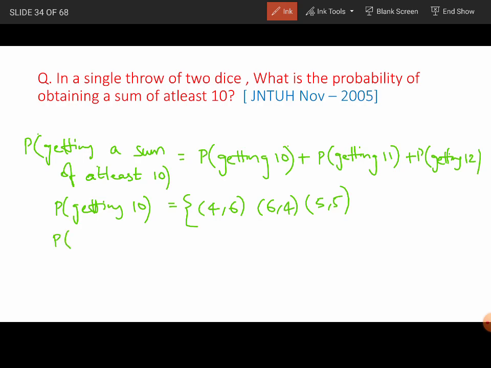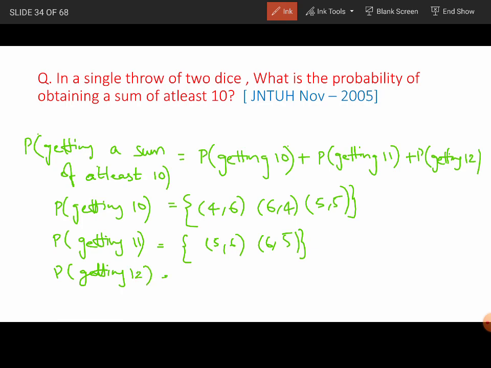And the probability of getting 11 is 5, 6, 6, 5. And the probability of getting 12 is only 1, 6, 6.